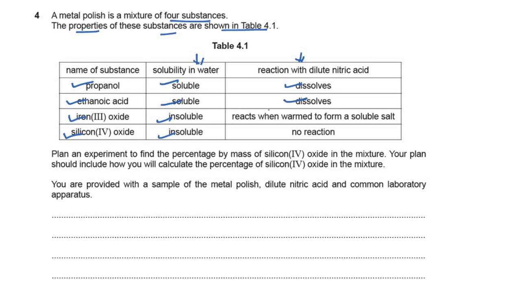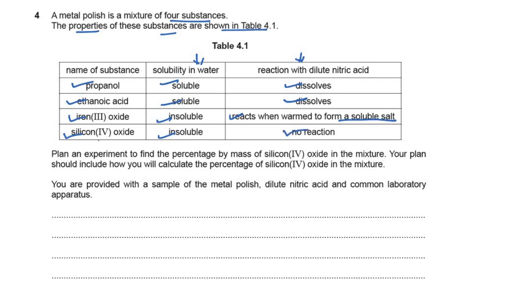The first 2 substances, that is organic substances propanol and ethanoic acid, dissolve in water and react with the dilute nitric acid also. If we talk about iron 3 oxide, it reacts when warmed to form a soluble salt. So iron 3 oxide reacts only when it is warmed, and silicon 4 oxide does not react.